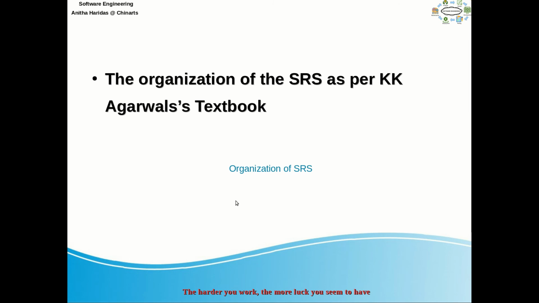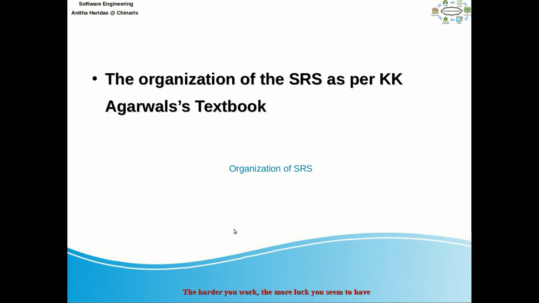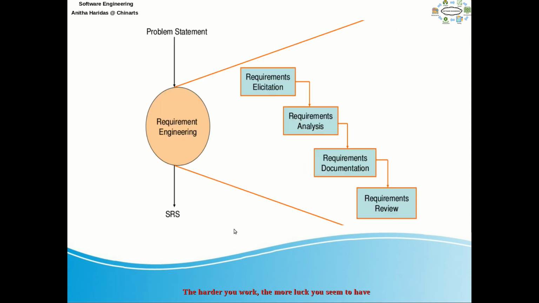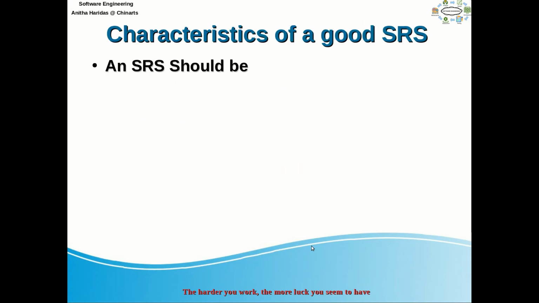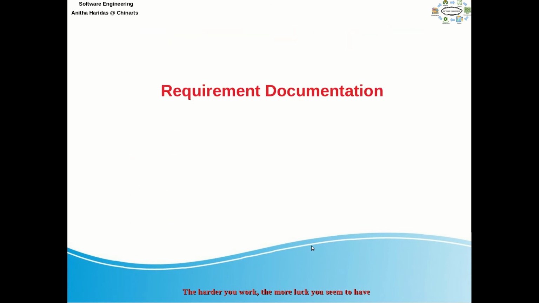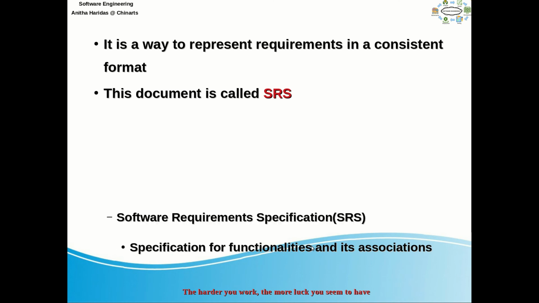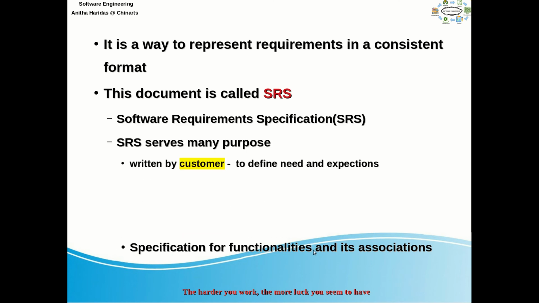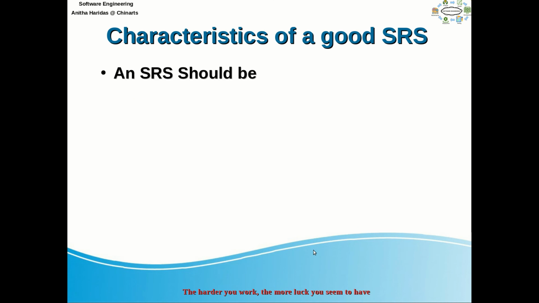So we have seen what the characteristics of the SRS are. We have also seen what the organization of the SRS is. With that, we are completing the requirement documentation. We specified what requirement documentation is. Then we saw the different characteristics of a good SRS.